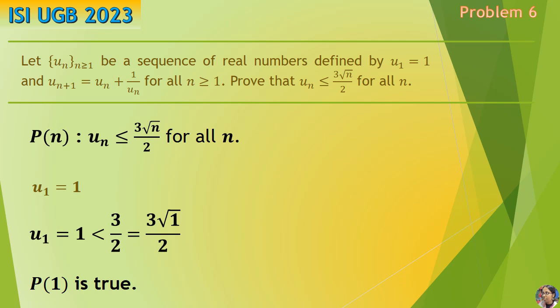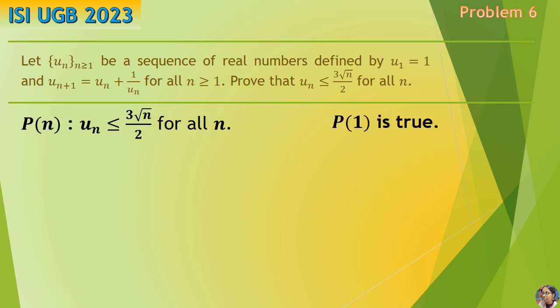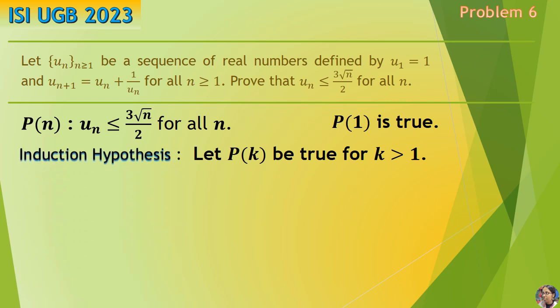That is, we complete the basic step of induction. Let Pk be true for k greater than 1. This is the induction hypothesis. That is, uk less equal to 3 square root of k upon 2, and we call it number 1.